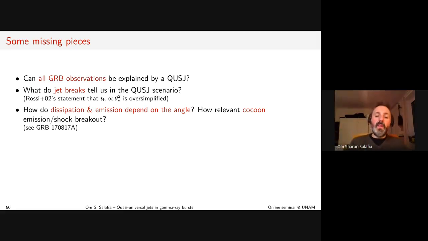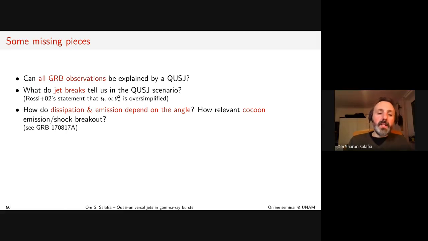For example, we could have that the shock breakout dominates at larger angles over the prompt emission from the jet, which could be, for example, the case in GRB 170817A, and this is what is advocated actually by, for example, the Israeli group.